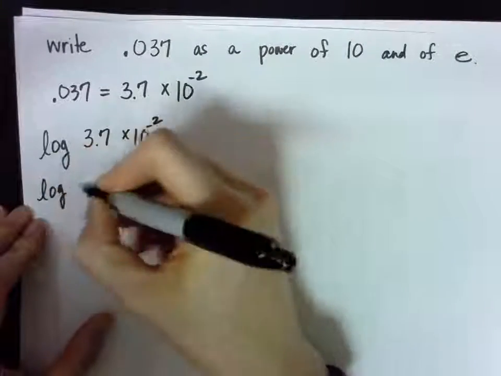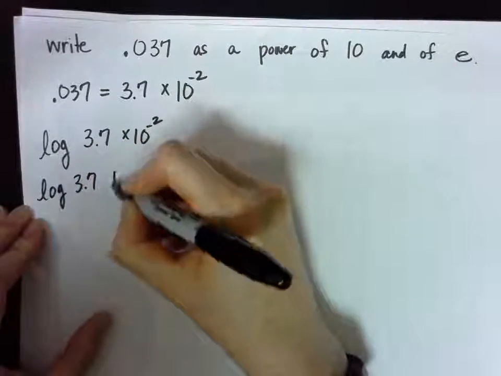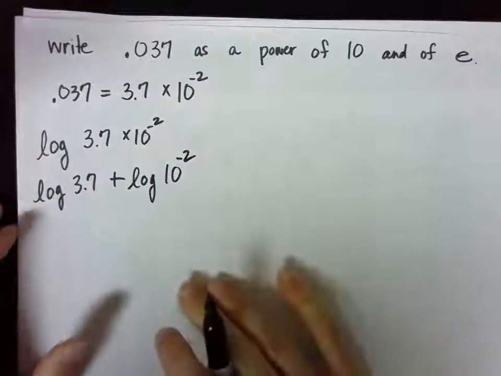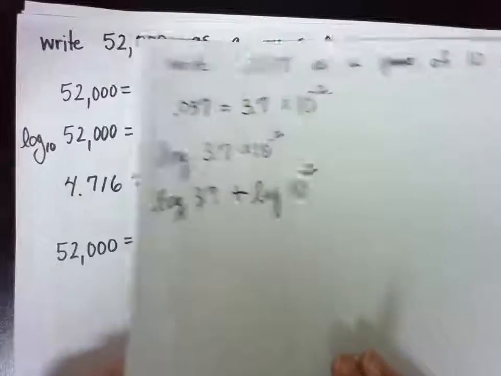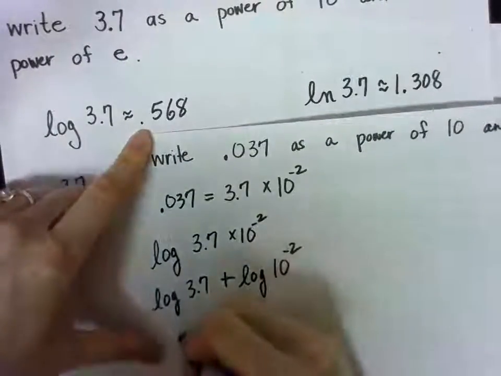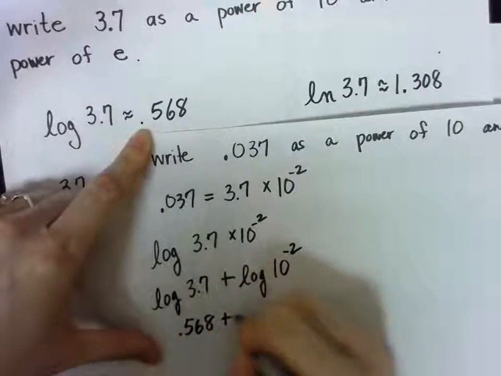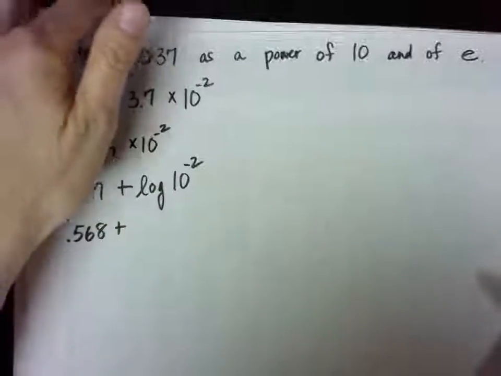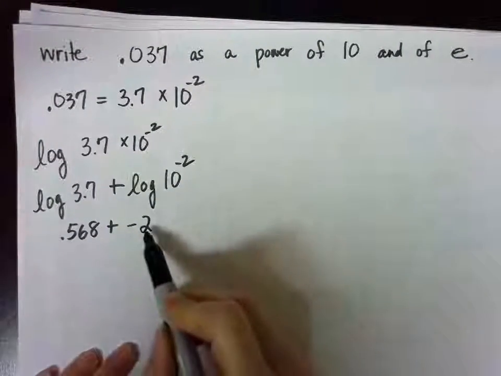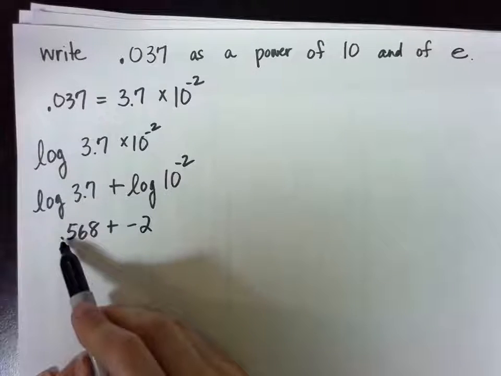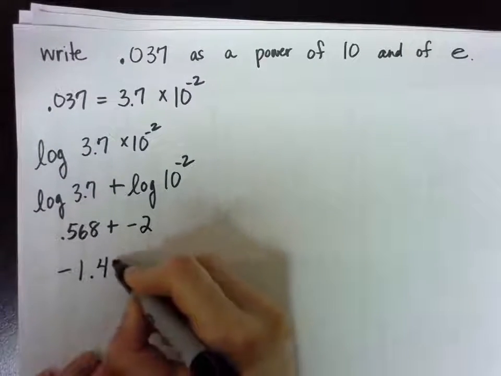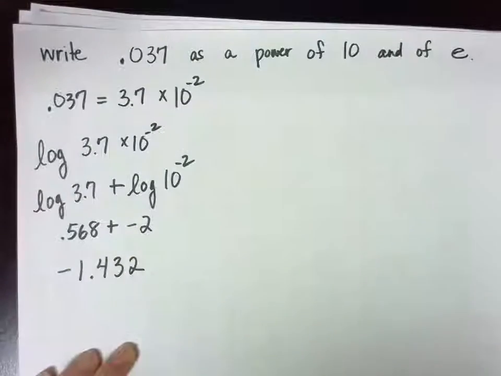So that would be log of 3.7 plus log of 10 to the negative 2. We know that log of 3.7, here it is, 0.568. And the common log of 10 to the negative 2 is negative 2. So if we did negative 2 plus 0.568, we would get negative 1.432.